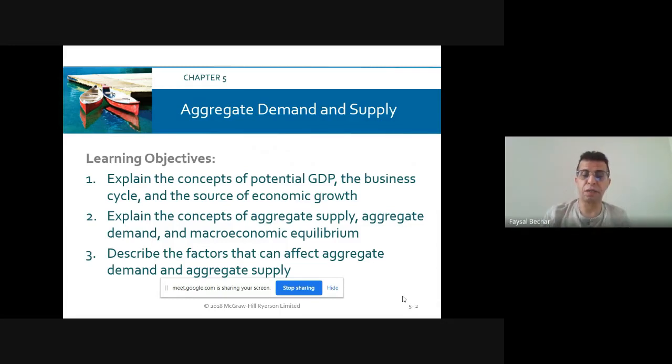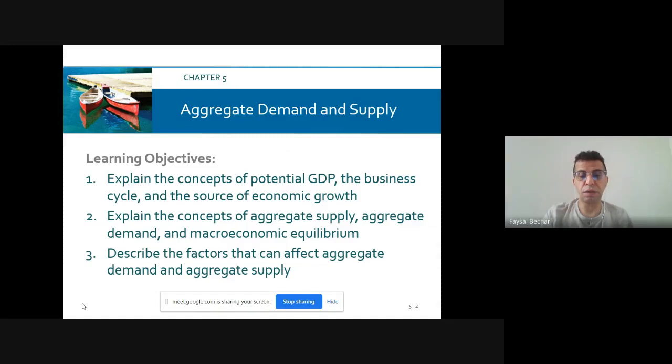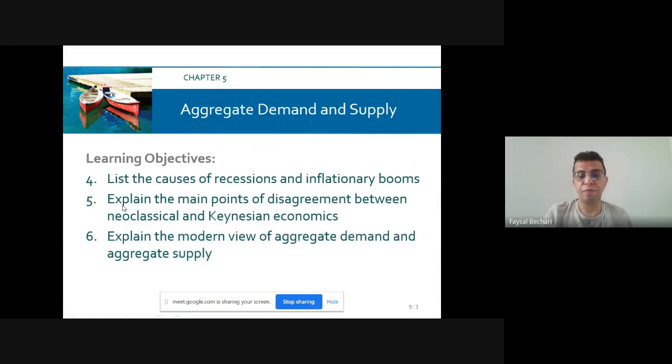We're also going to explain the concepts of aggregate supply and aggregate demand in macroeconomics, and describe the factors that can affect aggregate demand and aggregate supply. List the causes of recession and inflationary booms.